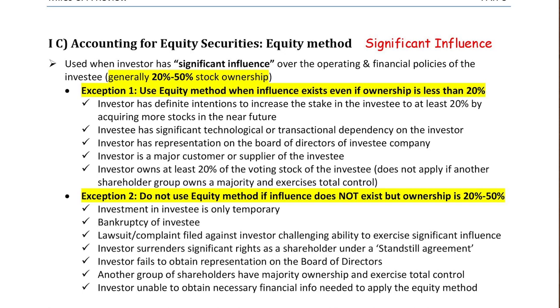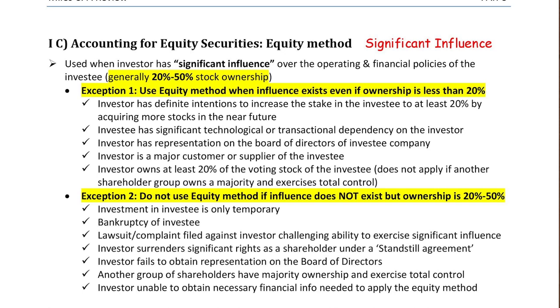So let's say the investment in the investee is only temporary, or the investee is going through bankruptcy, or the investor surrenders significant rights as a shareholder under a standstill agreement, or the investor does not even obtain representation on the board of directors. Or let's say another group of shareholders have majority ownership and exercise total control.